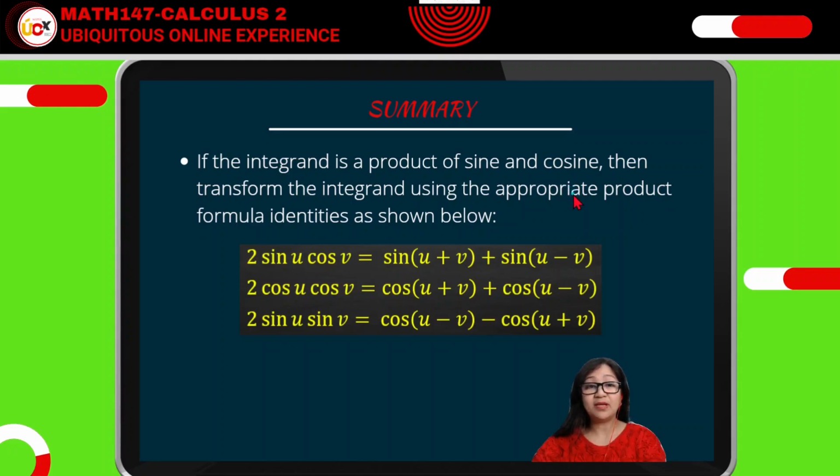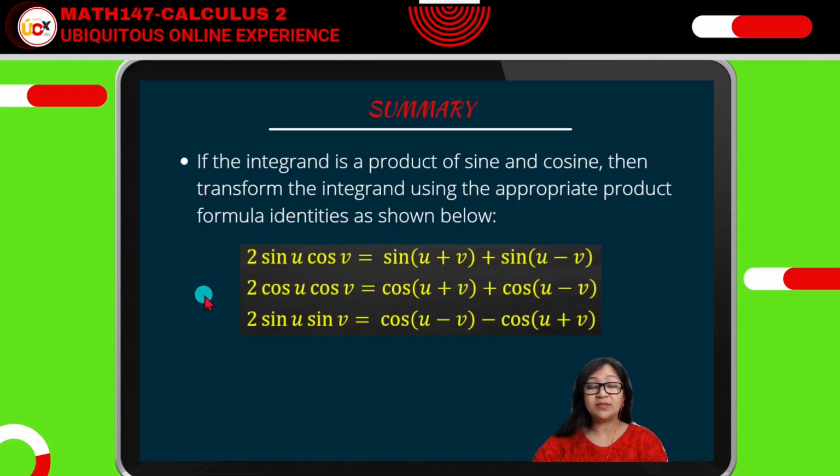In summary, if the integrand is a product of sine and cosine, then transform the integrand using the appropriate product formula identities as shown below. If the integrand is a product of sine and cosine, then use the first formula, which states that 2 times sine u cosine b equals sine of u plus b plus sine of u minus b.